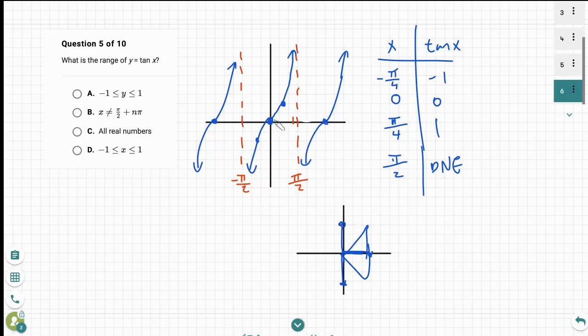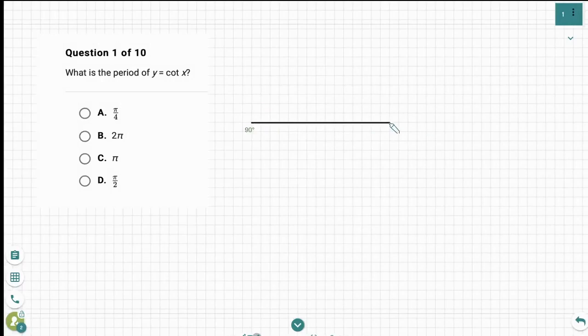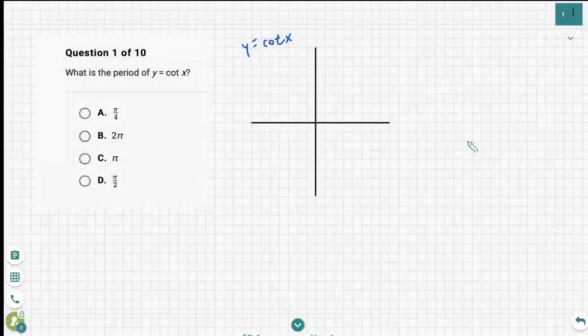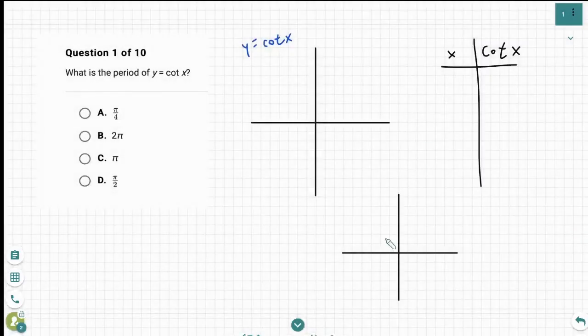Does make sense though. Let's draw two sets of axes. We can just directly talk about cotangent. Okay, so let's do a quick table of the cotangent function. Let's start with cotangent of 0. So we have a 0-degree angle here.